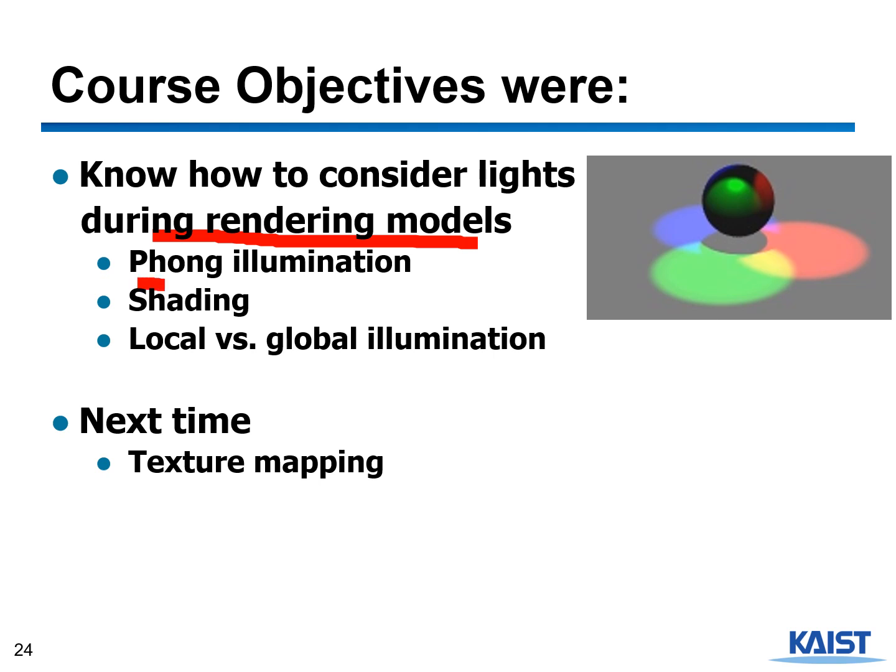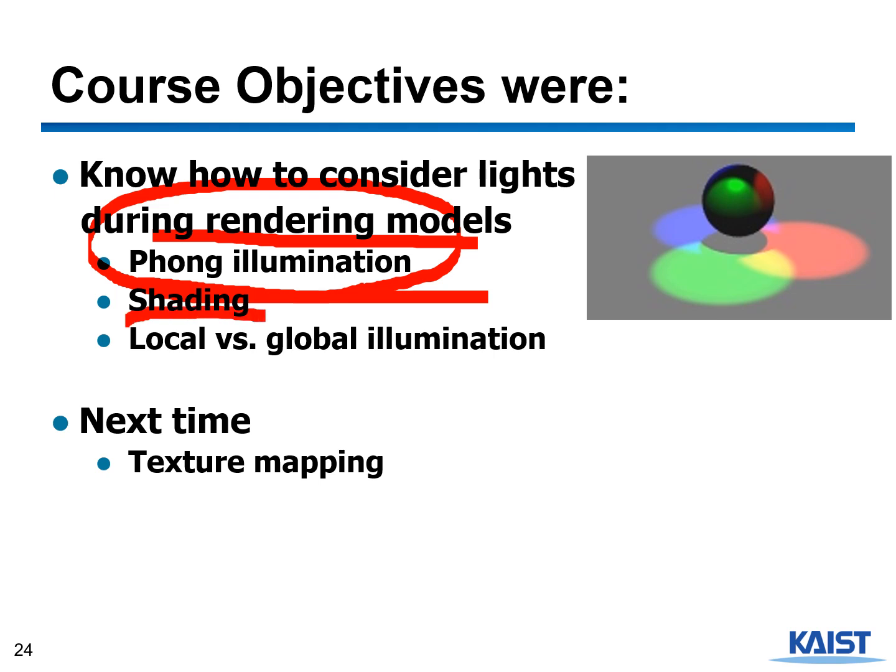We talked about the Phong illumination model, including ambient, diffuse, and specular, and how we can consider non-ideal reflectors, which we know as Phong illumination. We also talked about different types of shading models, including flat, Gouraud, and Phong shading. Actually, Phong is also the name of one of the computer graphics researchers who developed the Phong illumination model and Phong shading. I also briefly touched on the difference between local and global techniques.